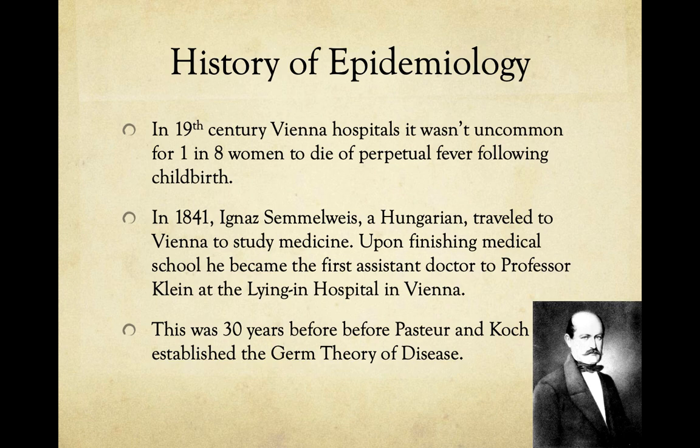So Ignaz Semmelweis noticed this, and he figured out that the difference between the midwives and the doctors is that doctors conduct autopsies. Maybe they are picking up some sort of toxin from their hands when they conduct autopsies, and nobody washed their hands at this point in time. That wasn't a thing that people knew to do. And they're carrying that stuff with them to their next patient and causing them to get sick.